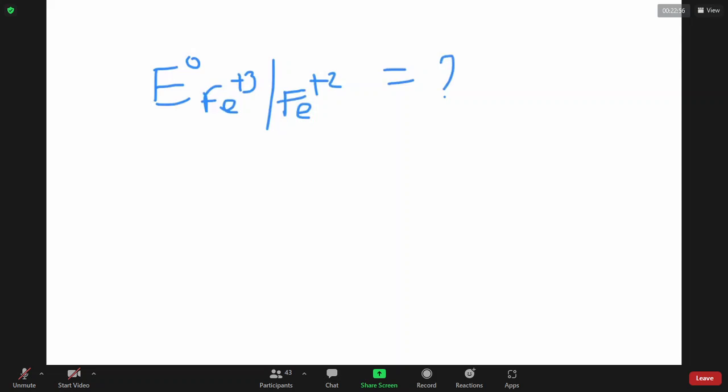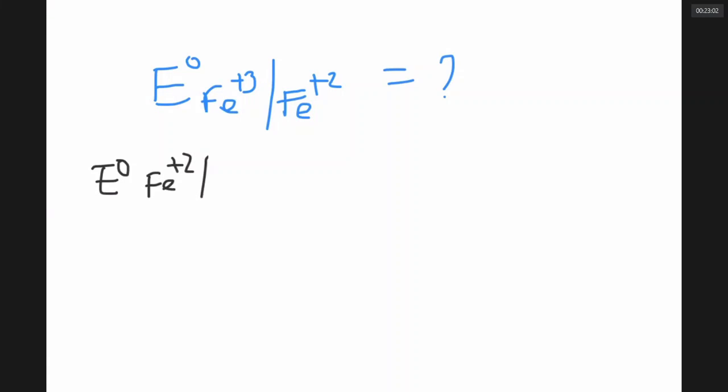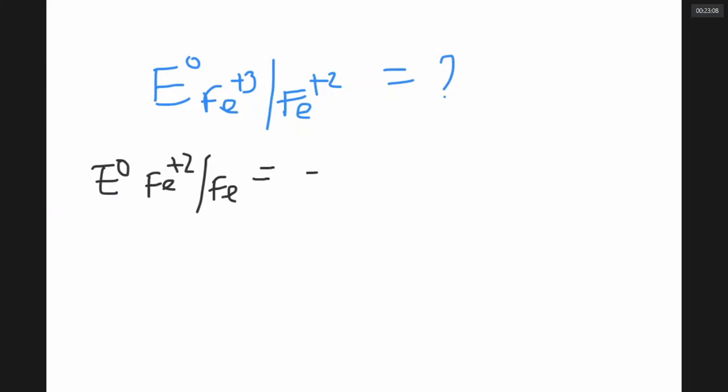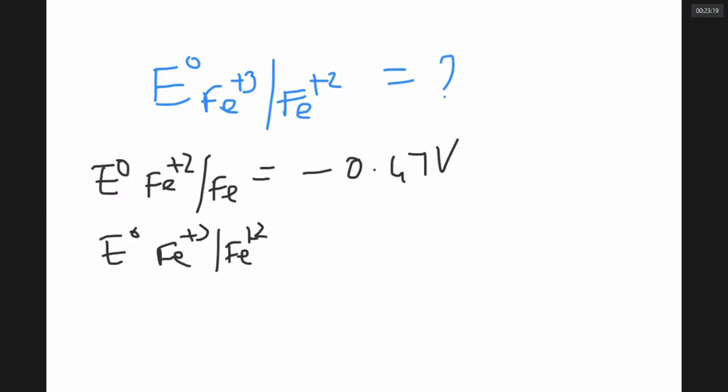Let me look at another online exam question. They want to know what is E0 of Fe3+ by Fe. What is its value, if E0 of Fe2+ by Fe is equal to minus 0.47 volts, and E0 of Fe3+ by Fe2+ is plus 0.77 volts?